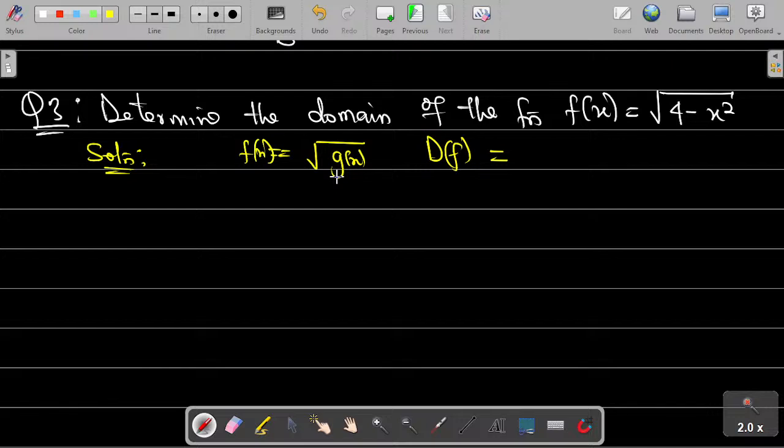Once it becomes negative under real numbers, then it will not be defined. It will only have a value if you are talking about complex numbers, but in terms of functions we are just talking about real numbers.